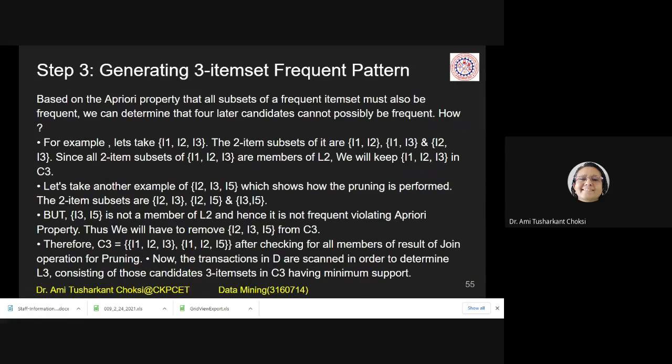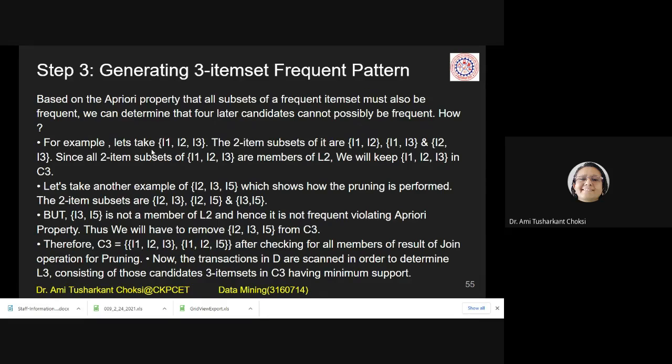Based on the a priori property that all subsets of a frequent item set must also be frequent, we can determine that four-item candidates cannot possibly be frequent. How? Let's see the example.